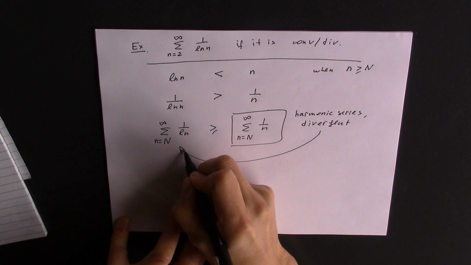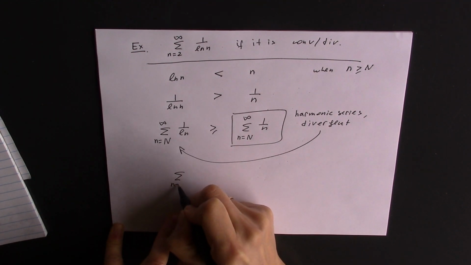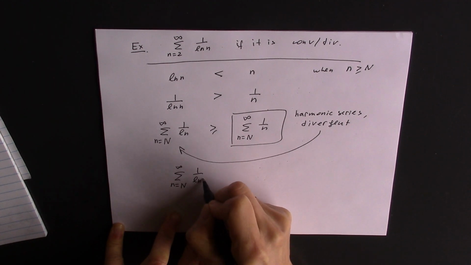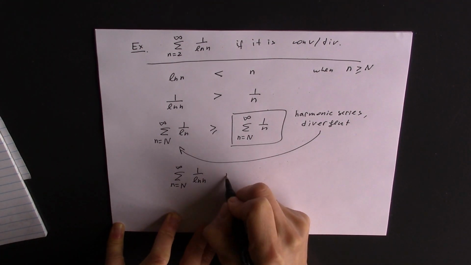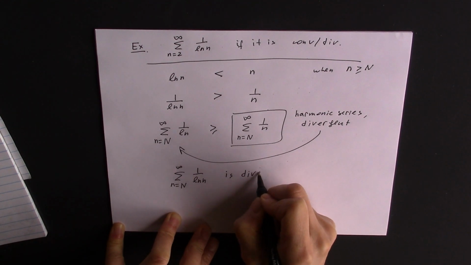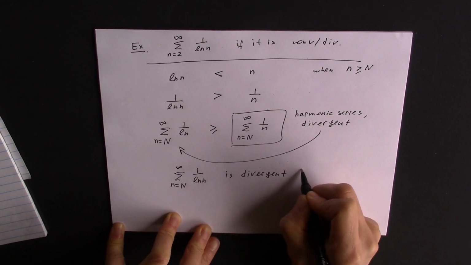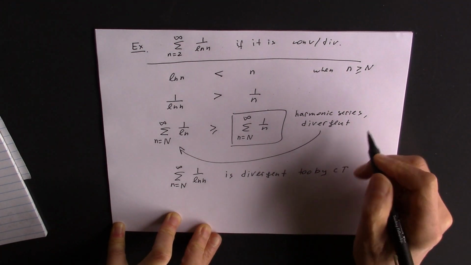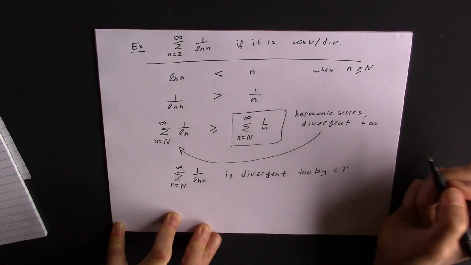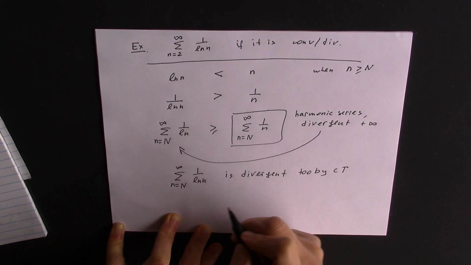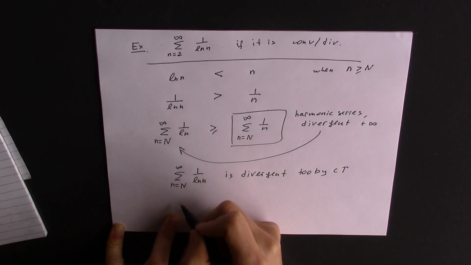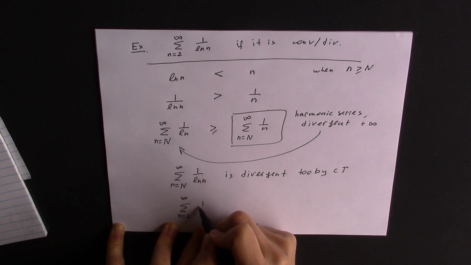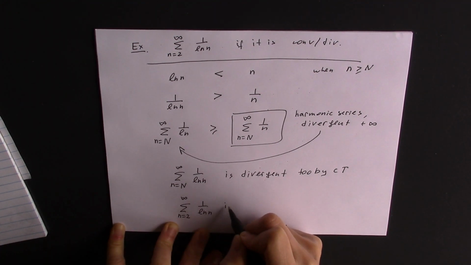Therefore, we conclude that the series on the left side, which is bigger than the harmonic series, is divergent by comparison test, because the harmonic series diverges to plus infinity, and it doesn't matter where we start. So when we start at 2, it is divergent.